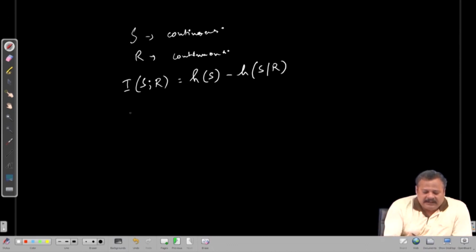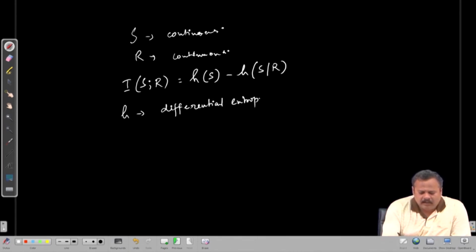What we mean by little h, for continuous random variables, is differential entropy, and it is defined similar to the discrete entropy case.